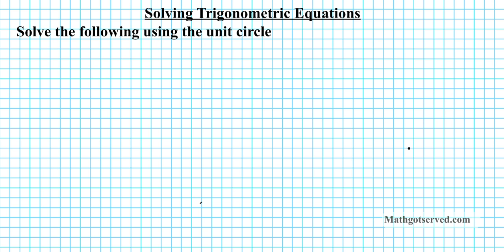So the instructions are for us to solve the following using a unit circle for theta between 0 and 2 pi. Okay, since the restrictions on theta are in radian measure, that means that our solution will be in radian measures also.